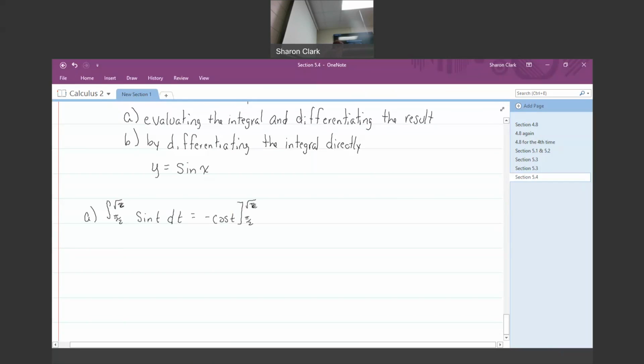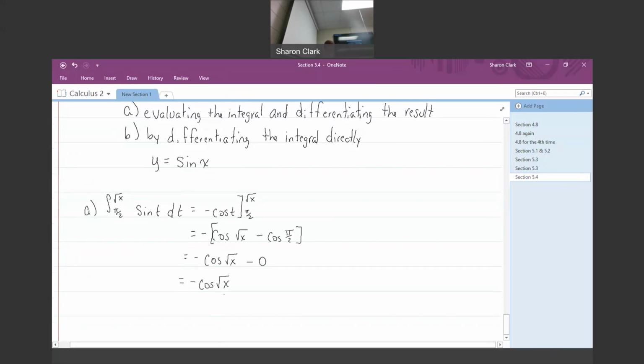Okay, so that's going to be negative cosine square root of x minus cosine of pi over 2. So that's negative cosine square root of x minus 0, negative cosine square root of x.